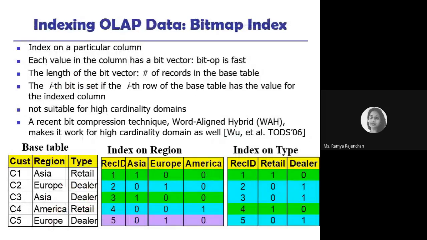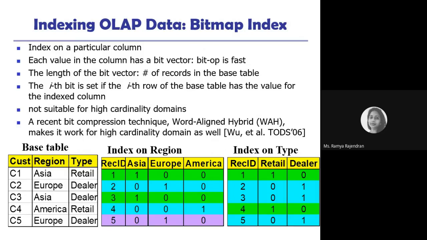Indexing is a very important thing in OLAP. We do indexing in many methods, but bitmap and join indices are a little more prominent. Here you have a table with customer ID, region, and type, the type of the supplier.